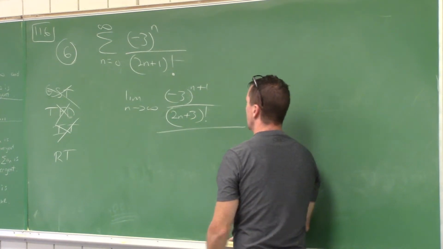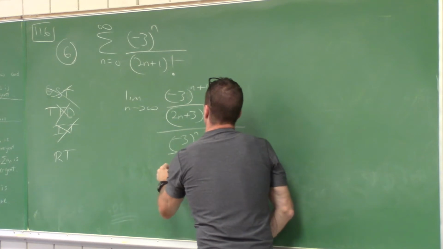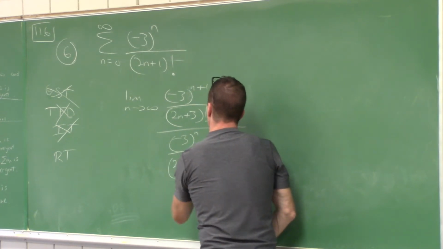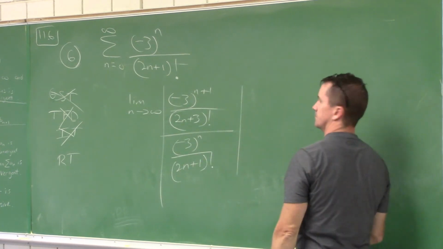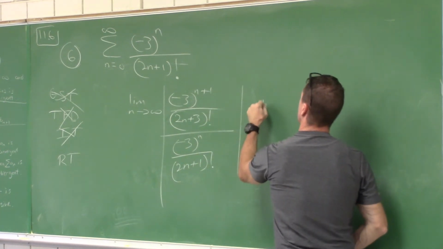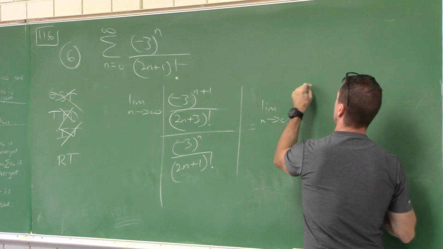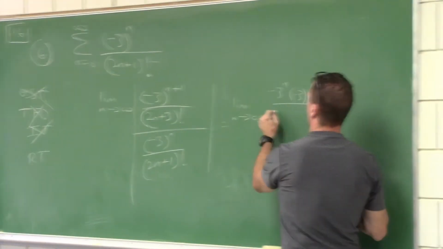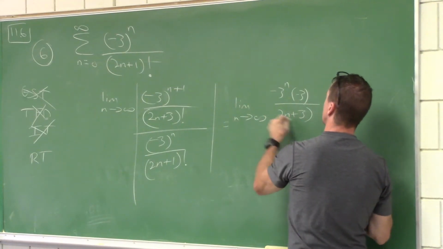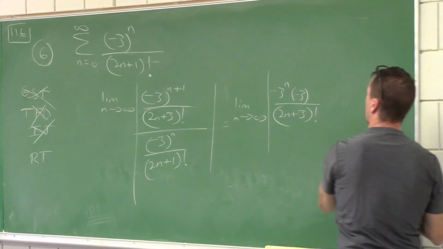Now what? Oh, the original factorial. Put the bars, put my equal sign. Limit as n goes to infinity of negative 3 to the n times the negative 3, all over (2n plus 3) factorial, absolute value bars.